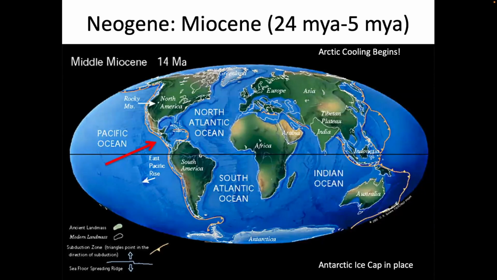Antarctica is totally covered. We'd have to go back a couple of epochs, probably the Paleocene or early Eocene, when we actually see a little patch of polar ice beginning to develop over Antarctica. It remains a small patch until South America disconnects from Antarctica. That's the nail in the coffin, right?